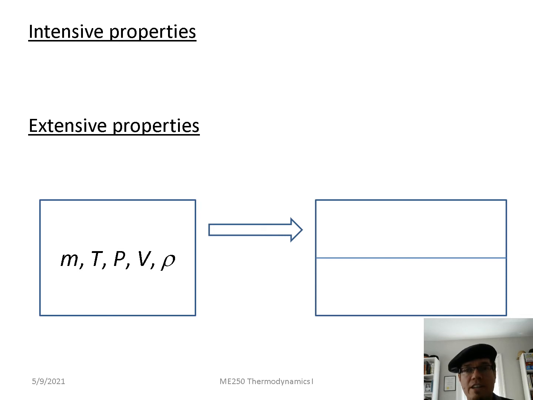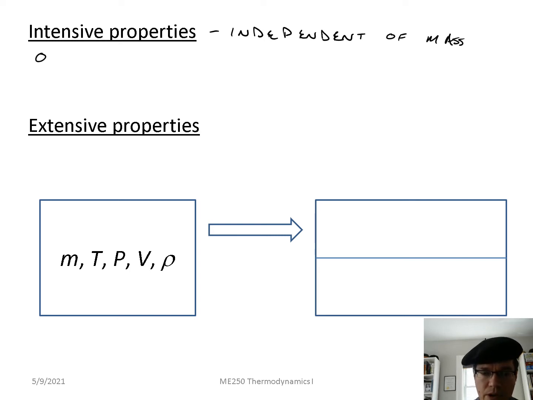So one of the categorizations that we need to consider when we're thinking about properties is what's called intensive versus extensive properties. An intensive property is one that is independent of the mass of the system, and to denote these, we usually use lowercase symbols.